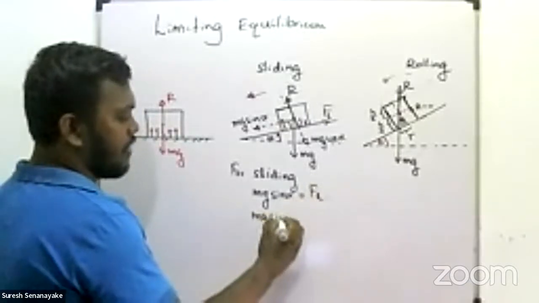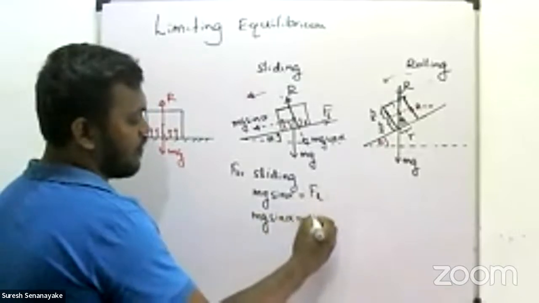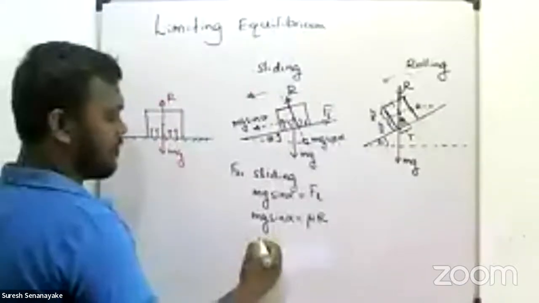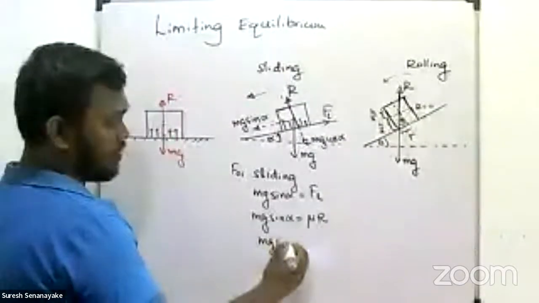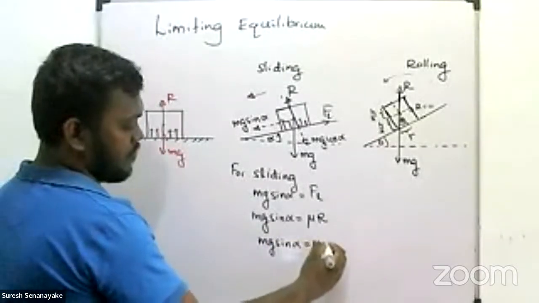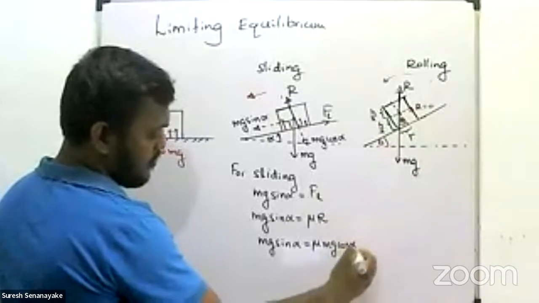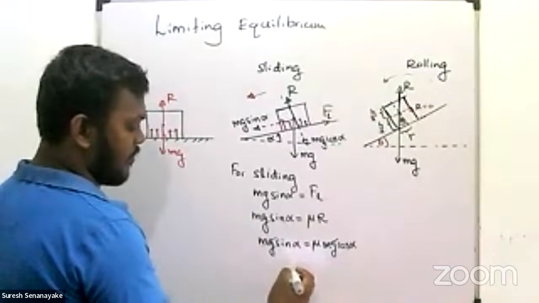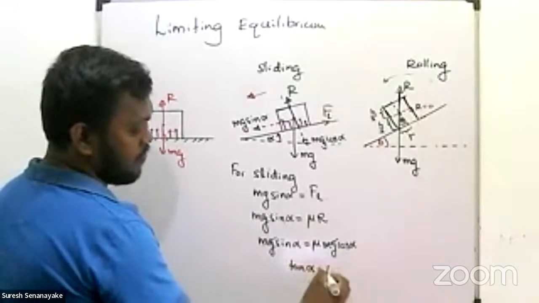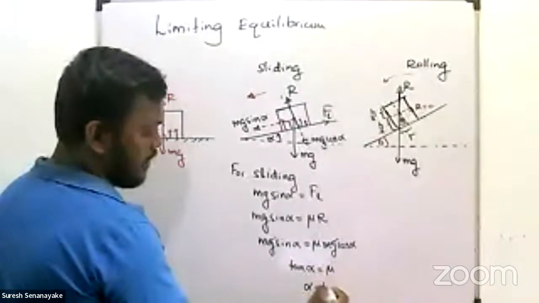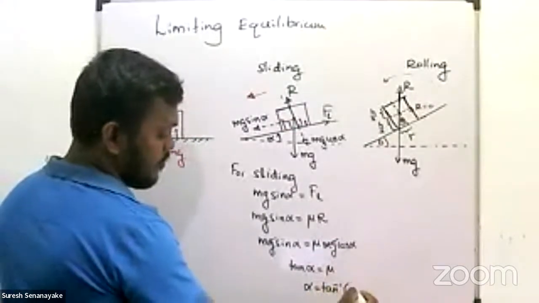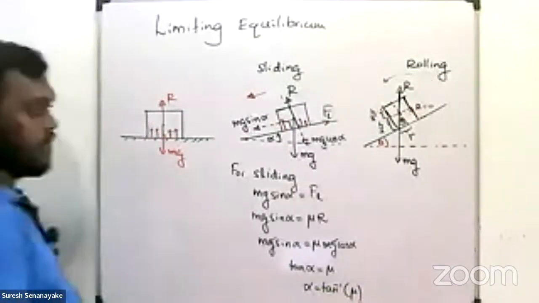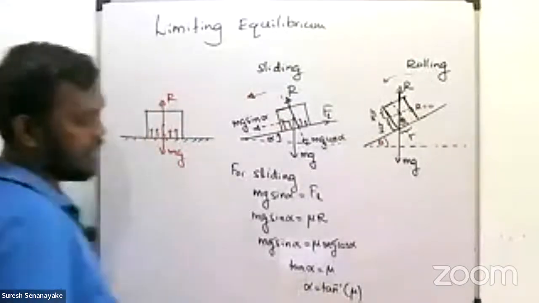So mg sin alpha you can write as mu R, where R equals mg cos alpha. Understand it with mu: tan alpha equals mu. This is the condition for sliding, for two surfaces which slide when the angle increases.